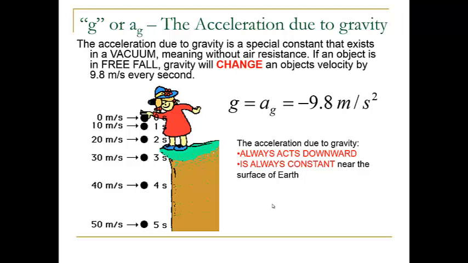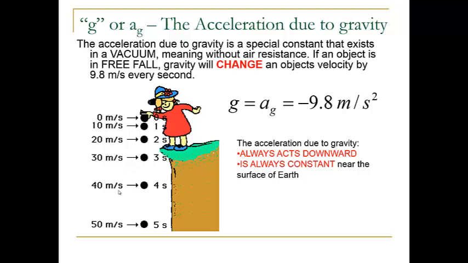So what that means, if you look on this picture over here, is that each second an object is falling, your velocity is going to increase by about 10 meters per second. So after 1 second, your velocity is about 10. Again, we're using 10 instead of 9.8. After 2 seconds, your velocity would be about 20, 3 would be 30. So each second, your velocity is changing by 10 meters per second.